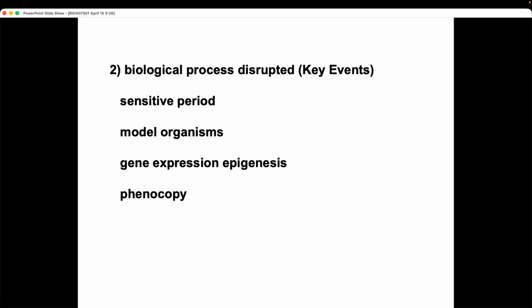So then these key events, the steps involved in the organism for the problem, it's good to appreciate that, right? This is a toxin and it binds, it does something initially, but then what's the pathway and what are the steps?